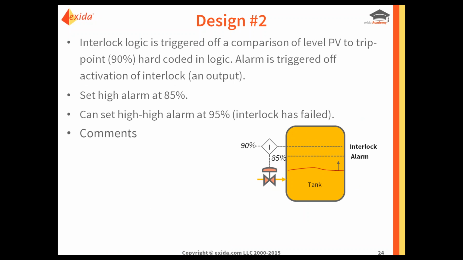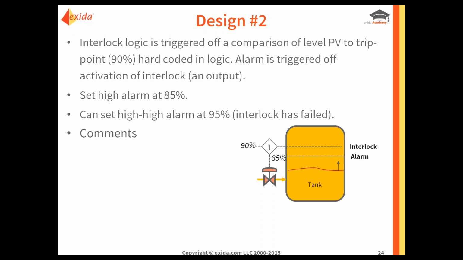Now what's recommended is instead to create the interlock logic by comparing the actual process variable, the level, to a hard-coded trip point, the 90% trip point. Hard code that in logic and use that to generate the interlock.